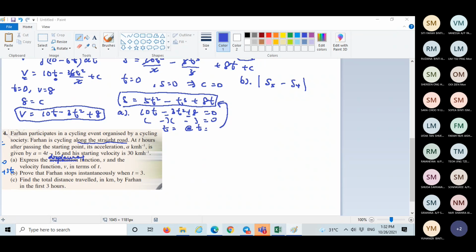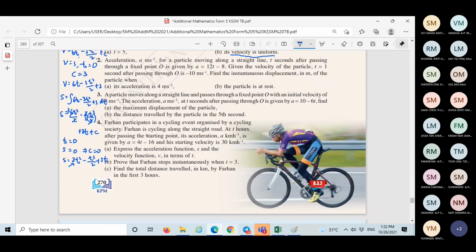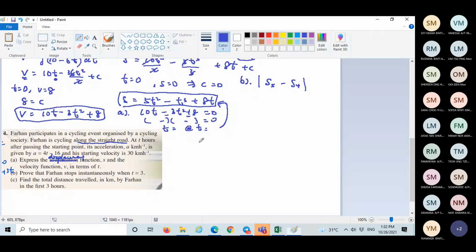Okay, wait, I go back to this here. Same thing. They need the function of v and the function of s. It starts with a.